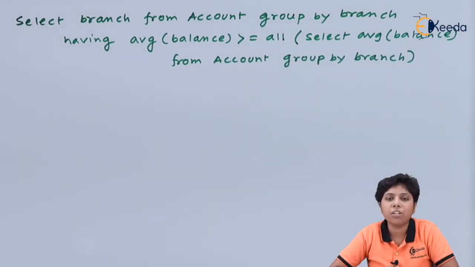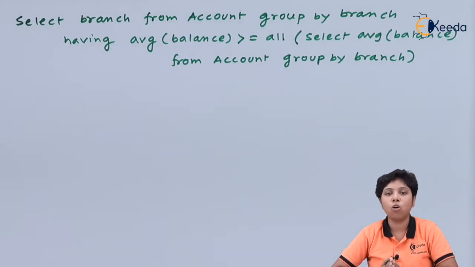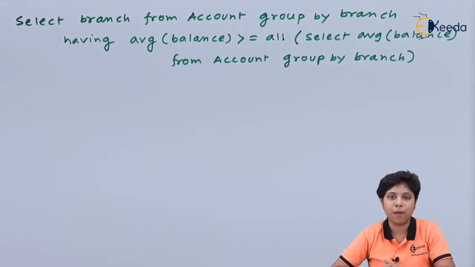Now the query we are using will help us to solve the problem. We want to fetch which branch has the highest average balance among all the branches of the company. So we need to first make the average balance group-wise by branch and then select the one that is greater than all other branches' average balance.